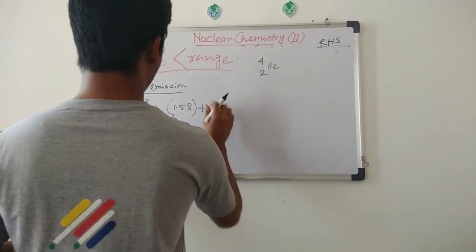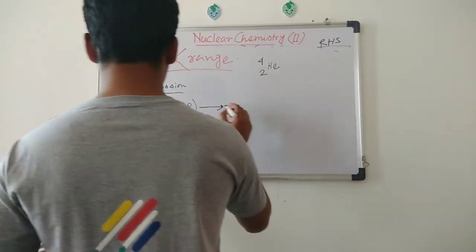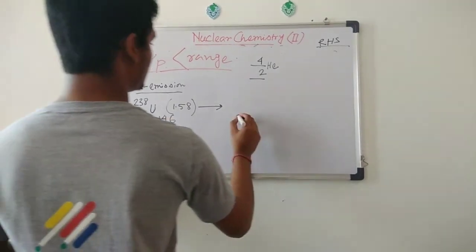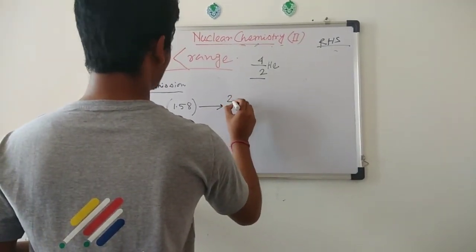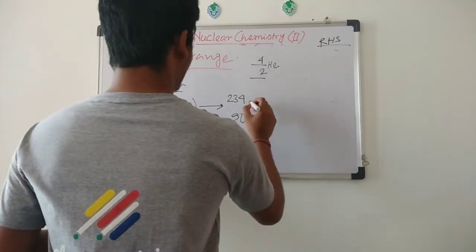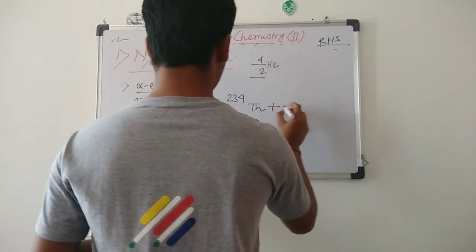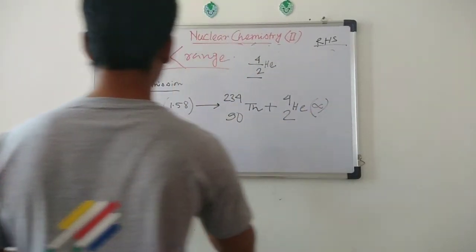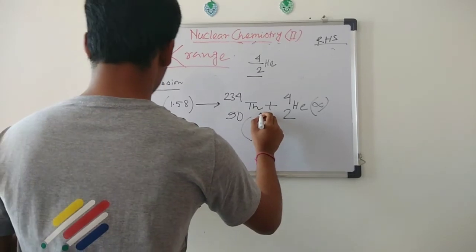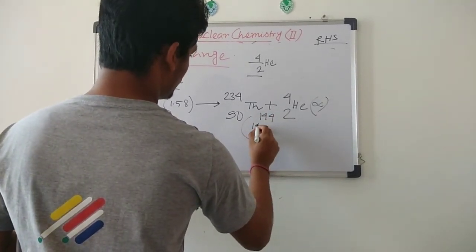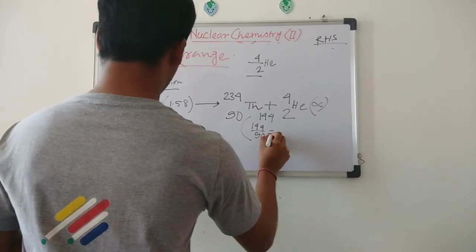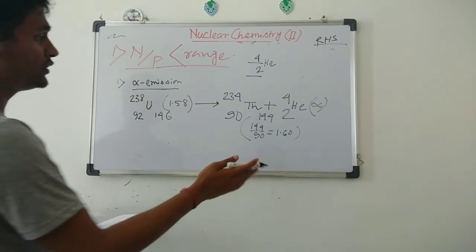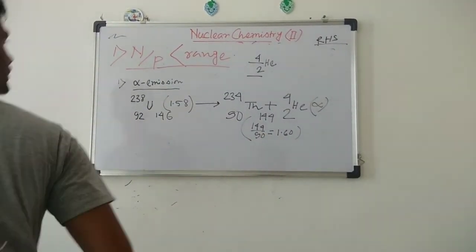Alpha emission means the mass decreases by 4 and the atomic number by 2, so it becomes 90 and 234. That is thorium plus helium 4,2, the alpha. Now the neutrons are 144, and 144 by 90 is 1.60. So the ratio increases from 1.58 to 1.60. That is one example.